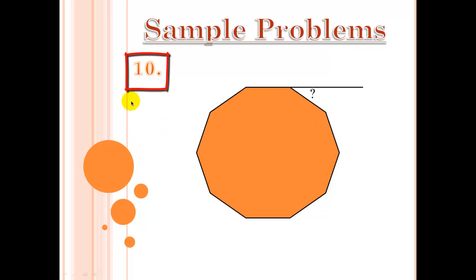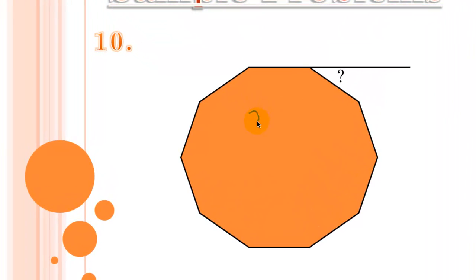Sample problem number 10. On this question, we have a decagon, which is a 10-sided shape, and we are trying to solve this side length, or angle measurement. So the formula to calculate an exterior angle is 360 divided by n, where n is once again the number of sides in the shape.